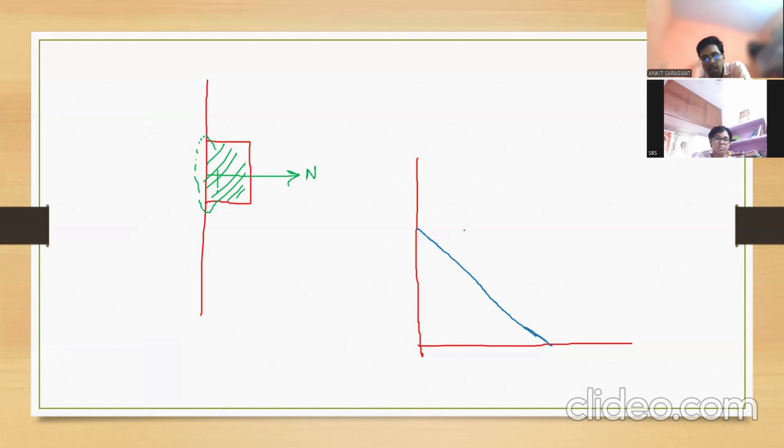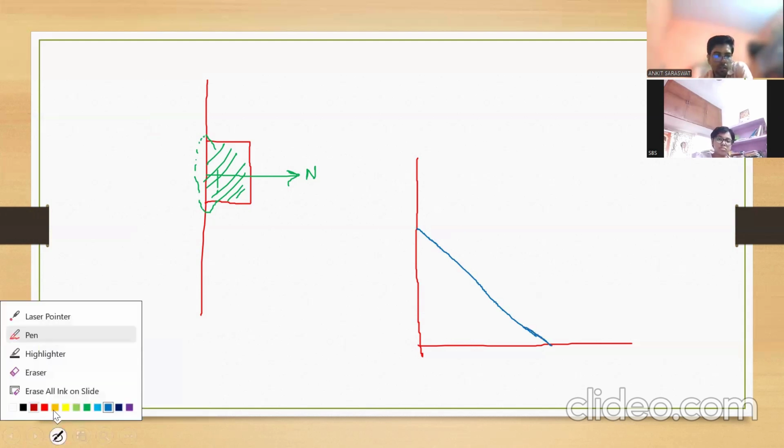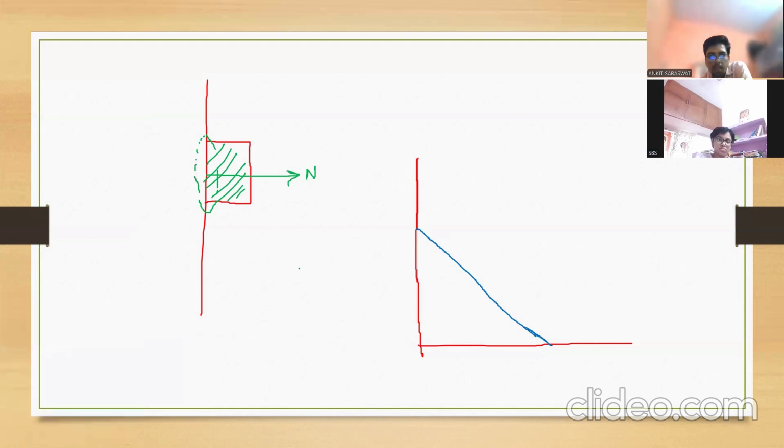Now in this case, how will you find the normal? Look at only this contact surface. Here the surface of wall is there, here surface of wall is there, and the surface of rod is only along one side. There is no surface of rod here.